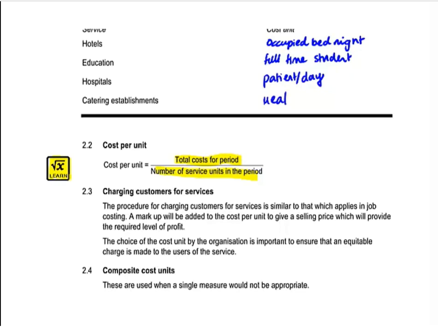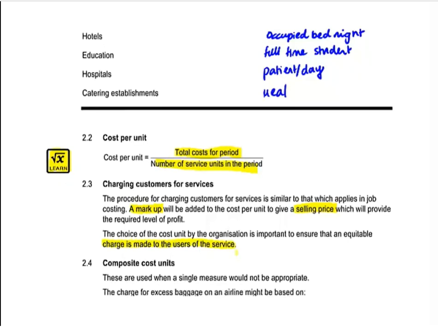And we'll be able to use this as a basis for working out how much to charge our customers. So we'll add an amount to the cost per unit to give us the selling price, bearing in mind how much profit is required. The cost per unit then is important because it affects the selling price and that might affect the competitiveness of the organisation.